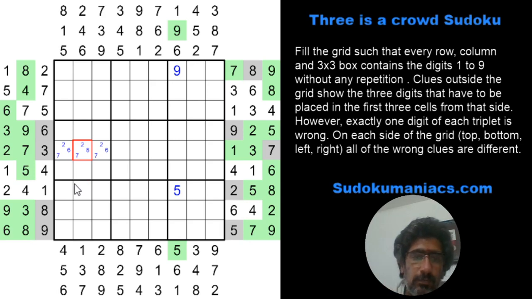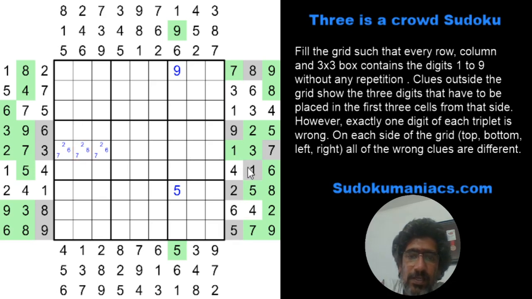Now, tricky one. Right. Oh yes. Now 1 for box 6 is logged in row 5, right?